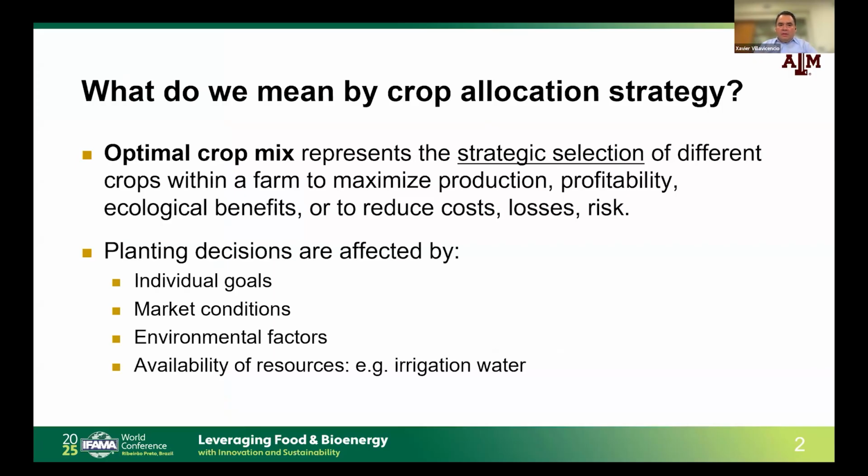This optimal crop mix represents the strategic selection by the farmer of different crops within a farm to maximize production or to maximize profitability, or in other cases, ecological benefits, or many goals at the same time. There are some models that can do that. Or we can use these models to reduce bad outcomes, for example, costs or losses or risk.